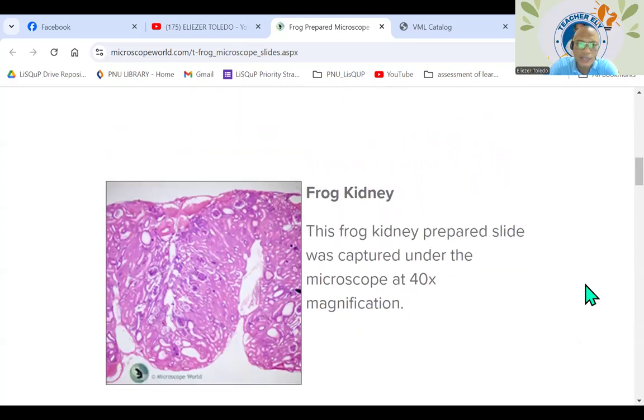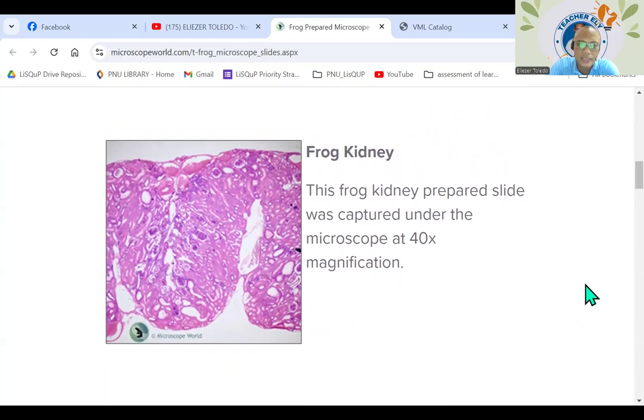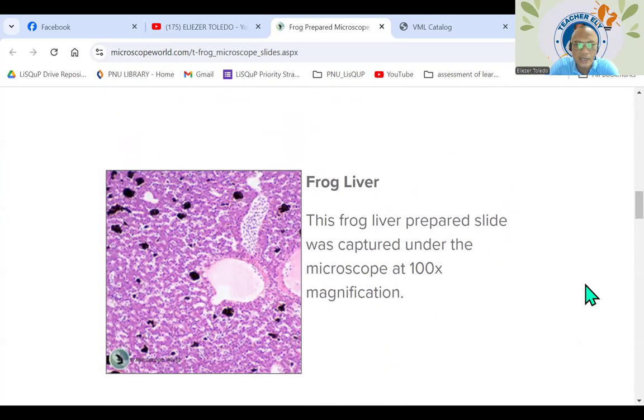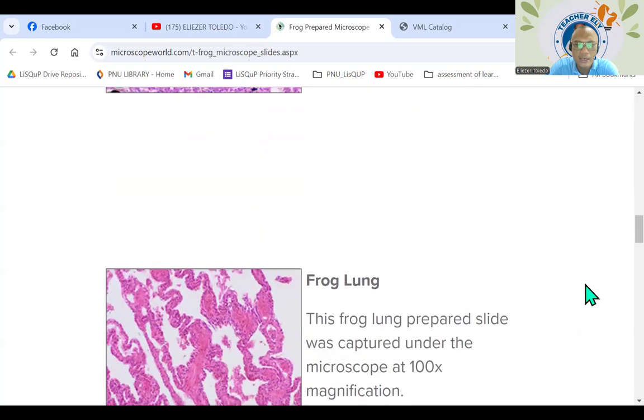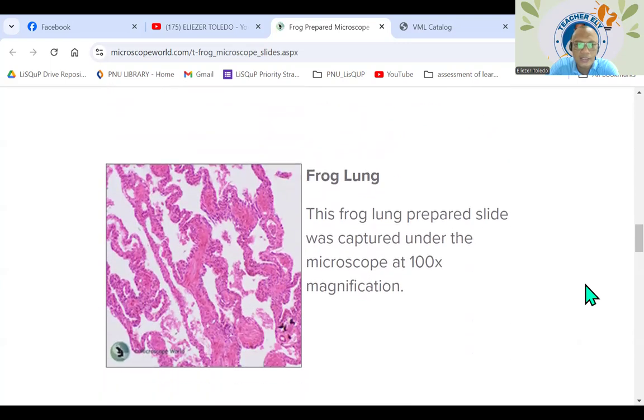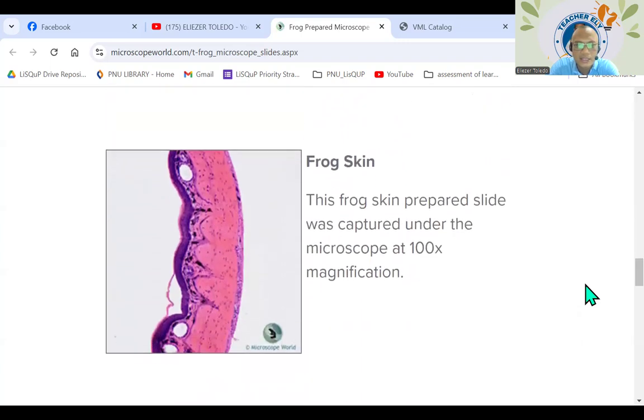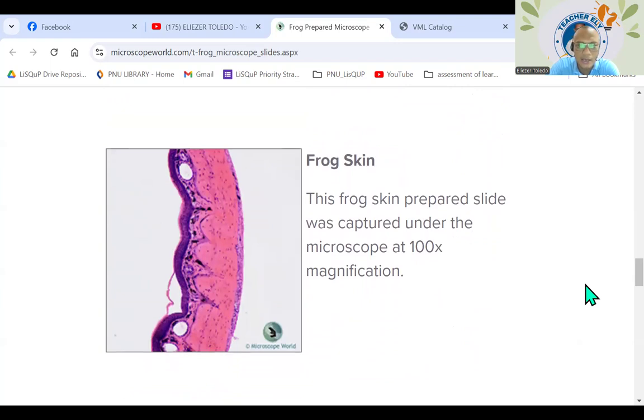This is how a frog kidney looks like, 40x. This is how a liver looks like, and lungs. Definitely those spaces are for air. And the skin at 100x magnification.